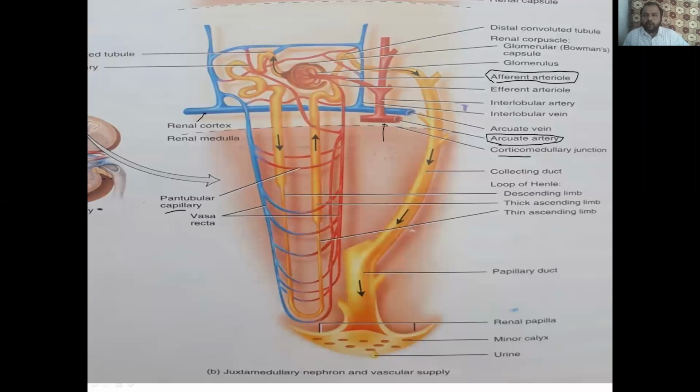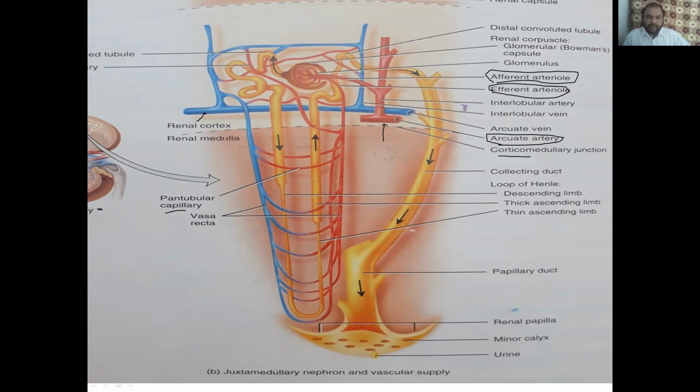When it comes out, it is labeled as the efferent arteriole. Entry point, afferent arteriole; coming out, efferent arteriole. You notice another feature: the diameter of the afferent arteriole is bigger compared to the diameter of the efferent arteriole. This variation has one very important physiological role that we will talk about at the time of formation of urine.